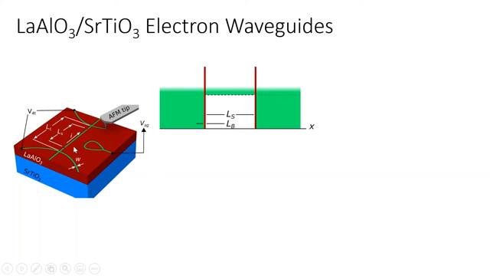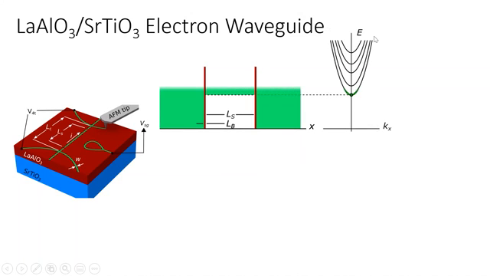We imagine that the waveguide can have several electronic bands or subbands. These are the lanes of the highway, if you will. We represent them as electronic states that are allowed, and they are allowed for different values of the momentum of these electrons, which is given by this number k sub x.